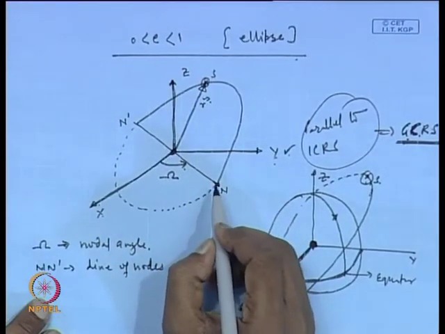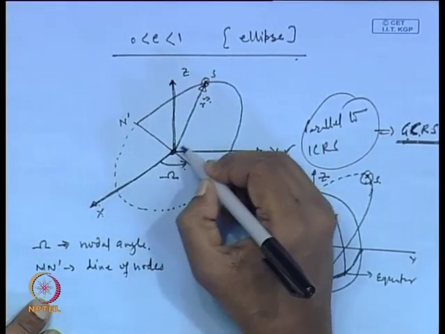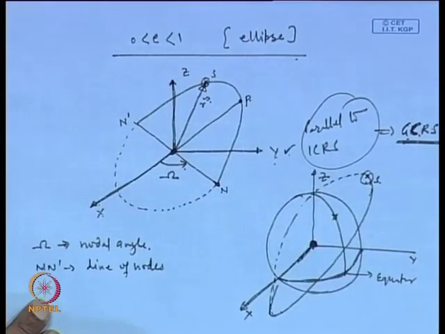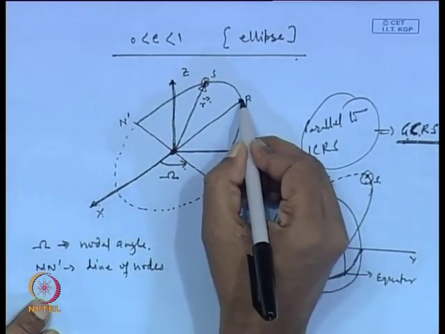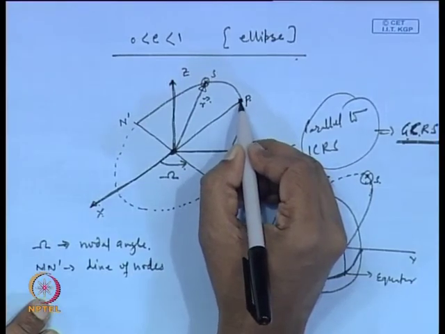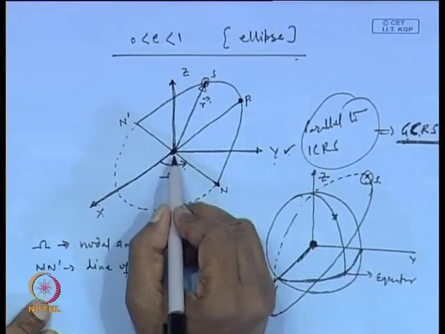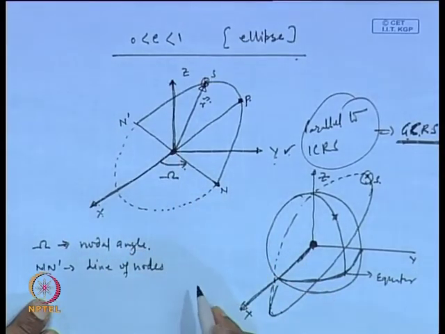The satellite position is measured from a certain position which is called perigee. This is the perigee of the satellite, the nearest position of the satellite from the center of attraction, in this case from the center of the earth.